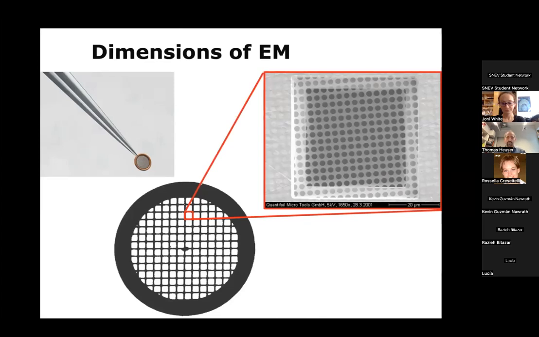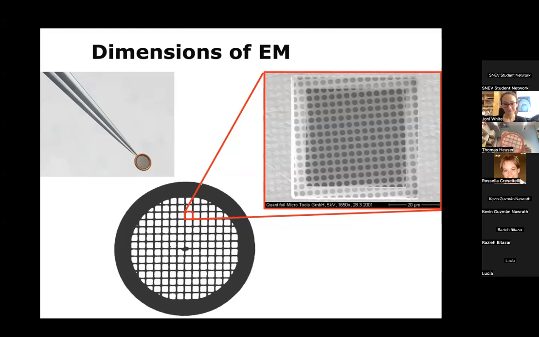If you're not familiar with electron microscopy and our world, this here is an electron microscopy grid, slightly larger than in real life. An electron microscope grid is basically the sample support. What a glass slide is for someone using a light microscope is basically an EM grid for us.